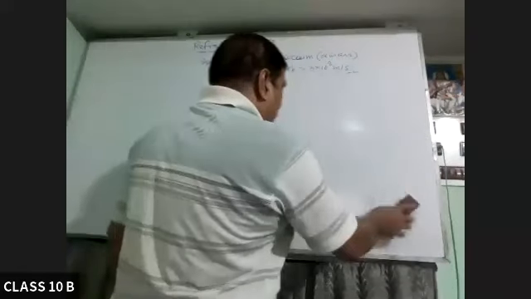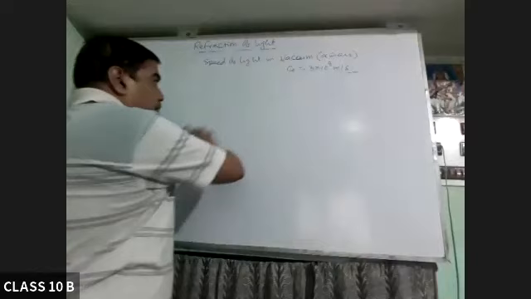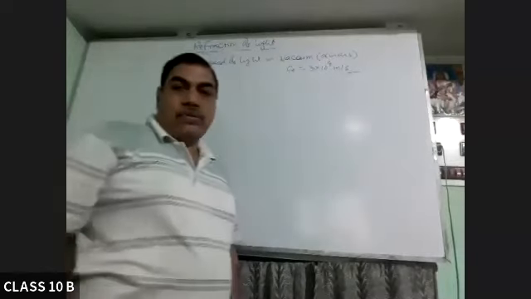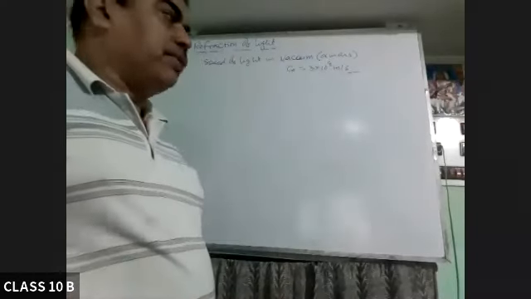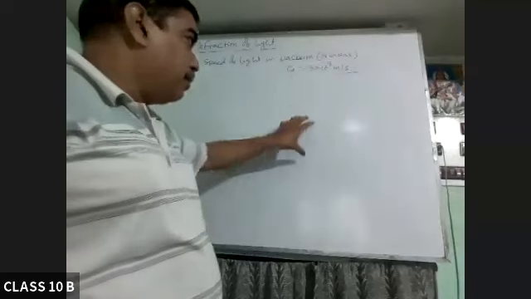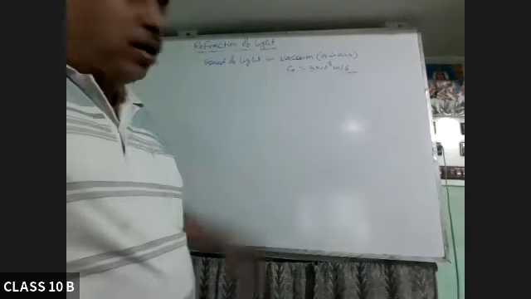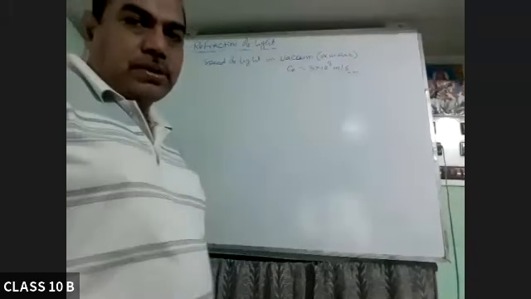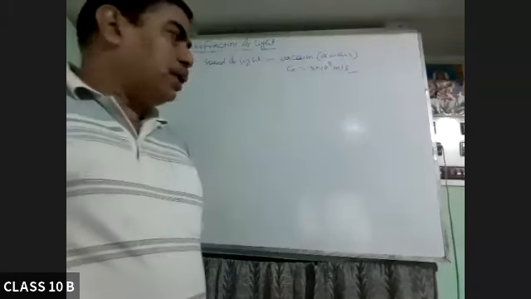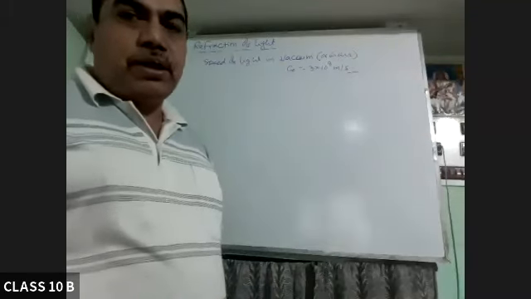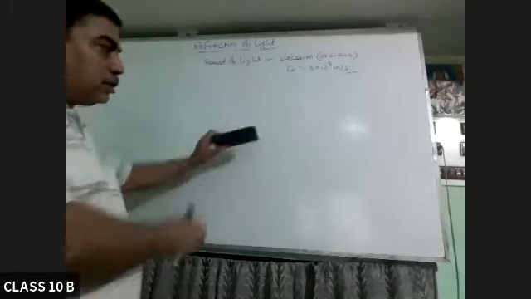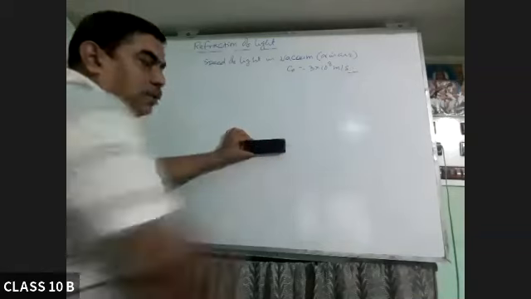Now, when light falls on any surface, when light strikes any surface, suppose light is coming from the LED bulb and it is striking this surface, or it may strike some other surface. What are the different possibilities? Suppose it is striking this surface as well as this surface.